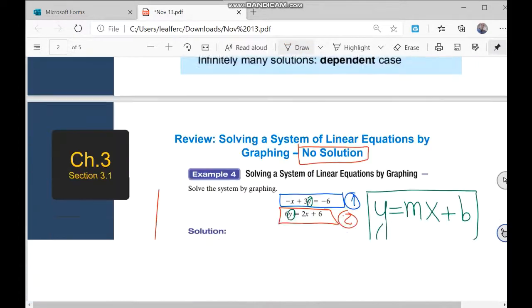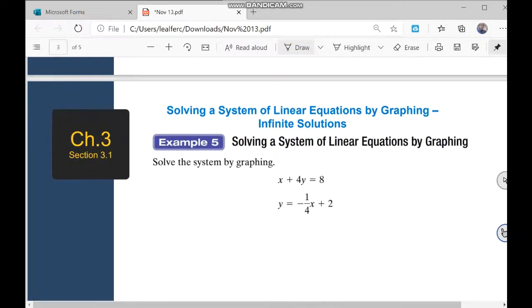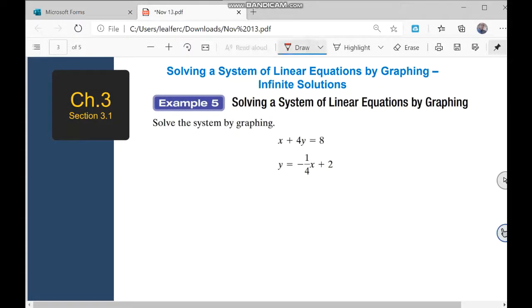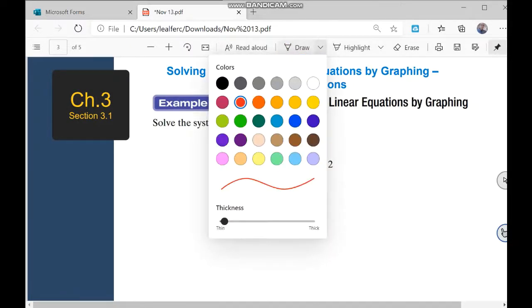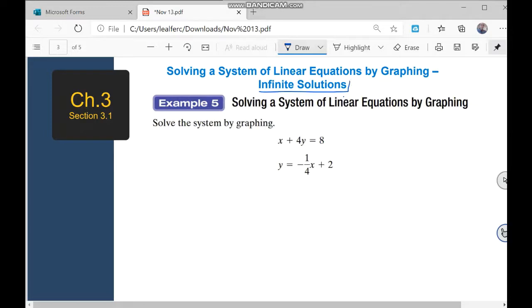Now we're going to see a dependent system, a case where we will have infinite solutions, how it works and how it looks. We don't know it yet. We still have to solve it, but I can tell you this will be a case of infinite solutions. Let's check.